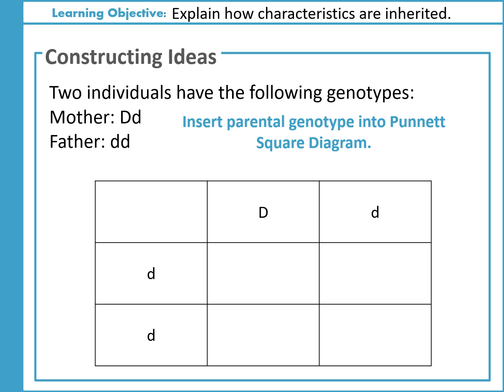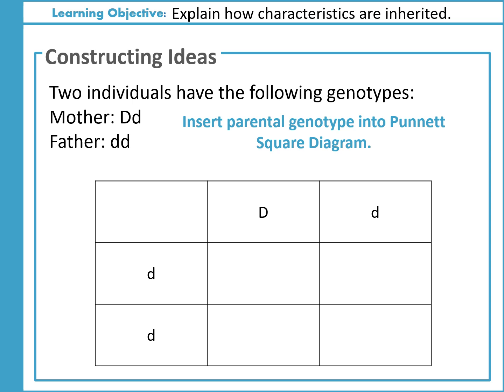Now we're going to have a go at drawing the Punnett square or the genetic cross diagram for this particular characteristic. So we're still talking about attached or detached earlobes, and the Punnett square is the grid that's shown on this slide. Now in that grid, the genotype of the mother has been written across the top, and the genotype of the father has been written down the side. So the two individual alleles are split and each one is put into a different box.